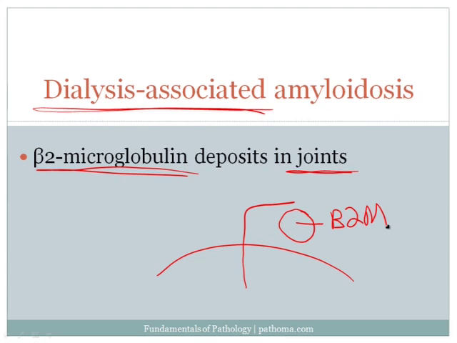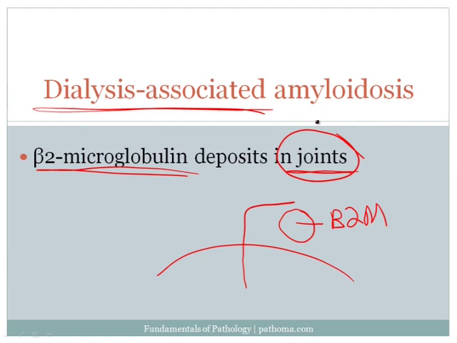Now, patients who get kidney failure and have to go on dialysis, when they go on dialysis, the beta-2 microglobulin is not filtered well from the blood. Because it's not filtered well, it builds up in the blood, and as it builds up, it can deposit in joints. And these are the classic high yields of this particular entity. Again, it's dialysis associated.